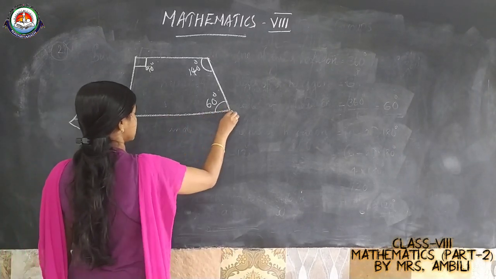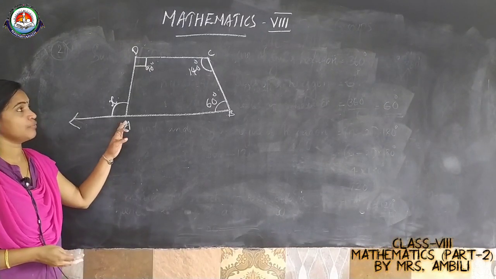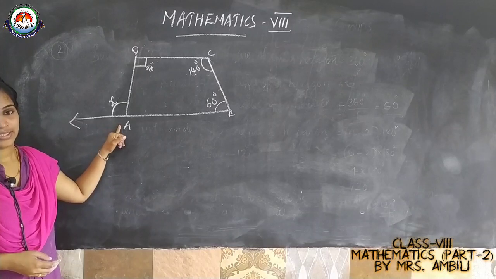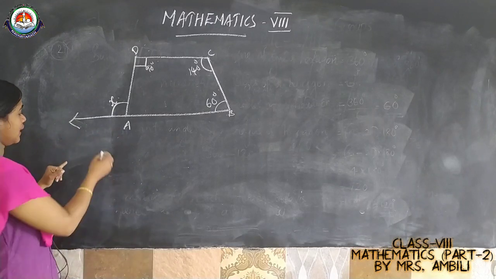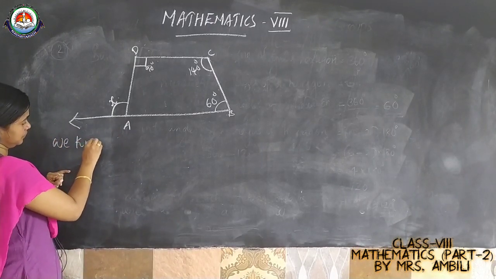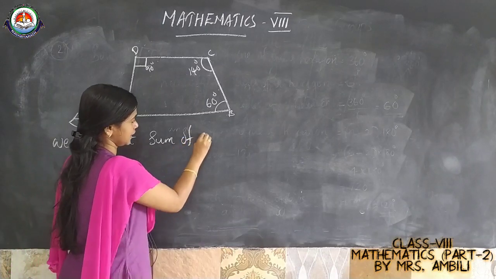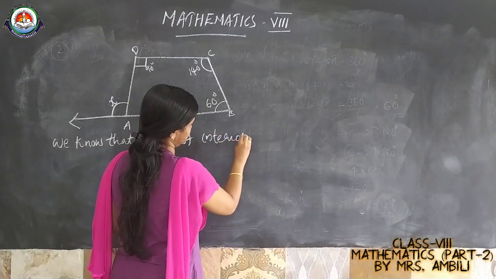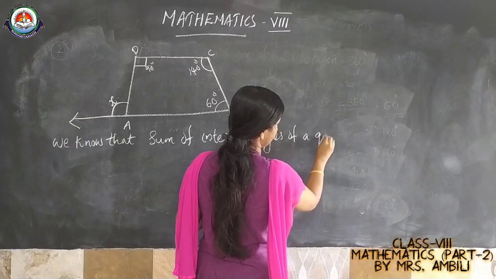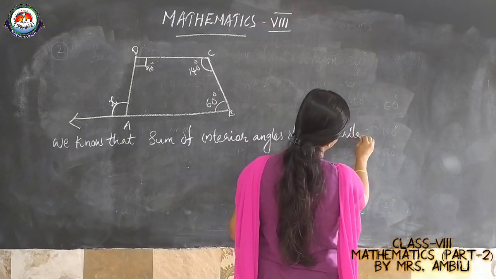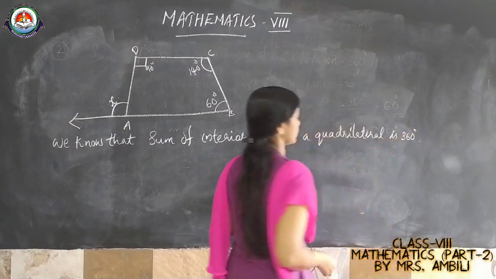We can name it ABCD, a quadrilateral. We know that the sum of interior angles of a quadrilateral is 360 degrees.